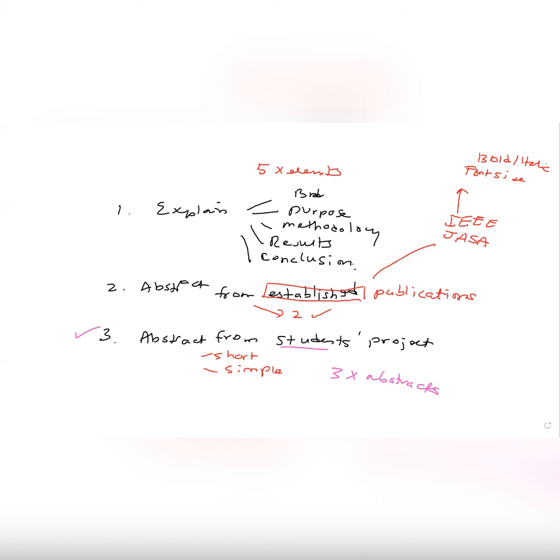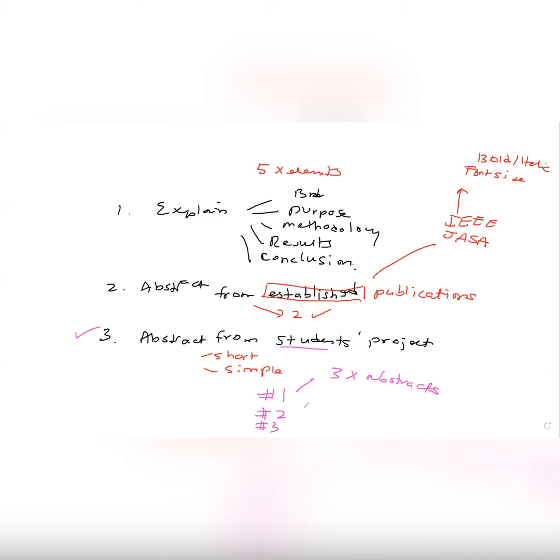So we have taken a look at the abstracts from a student project. So three abstracts all together. And then from the abstracts that we find out, here we have abstract number 1, abstract number 2, and abstract number 3.